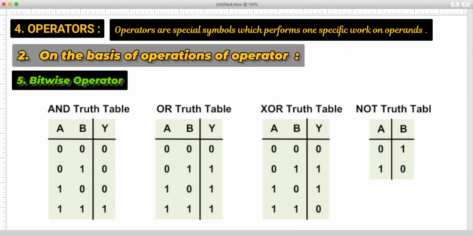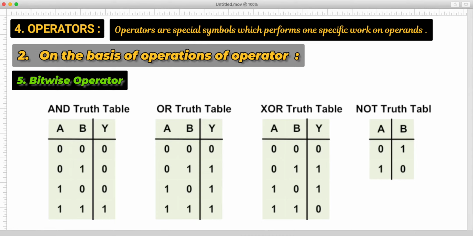Now coming to the XOR operator. The meaning of the XOR operator is that when we pass two conditions to this operator, then if any one of the conditions is true, only then it returns 1. If both are false or if both are true, then it returns false. As you can see here, 0 0 is 0 and 1 1 is 0, but 0 1 and 1 0 is 1.